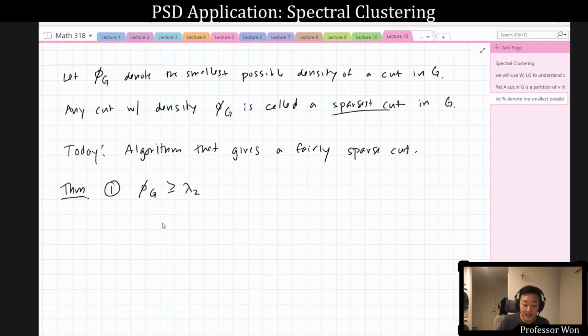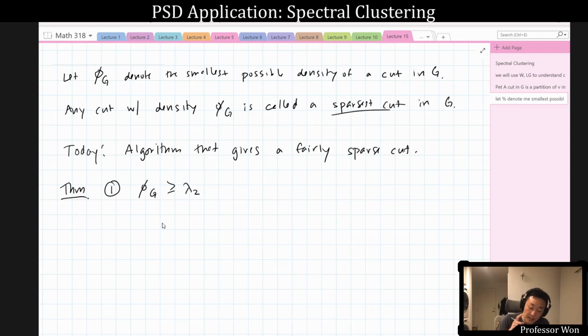I think this is pretty amazing, actually. The second smallest eigenvalue tells you how sparse a cut can possibly be. By the way, if your graph is not connected, it's very easy to find a cut. You just cut between the disconnected components, and there's no edges there, so you get density 0. So you would only really want to study this problem for a connected graph, but that's okay. If you have a disconnected graph, you just consider each connected component.